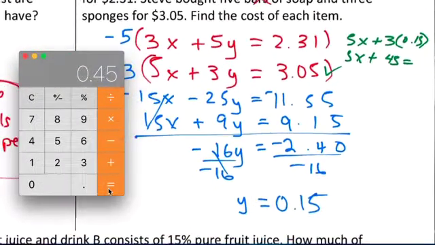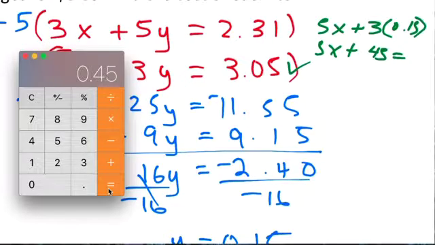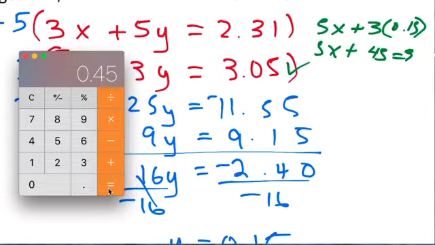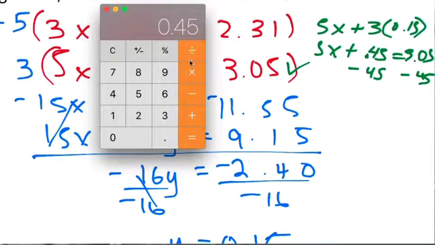Equal to 3.05. Right. And then I subtract 45 cents. $3.05 minus 45 cents is $2.60.